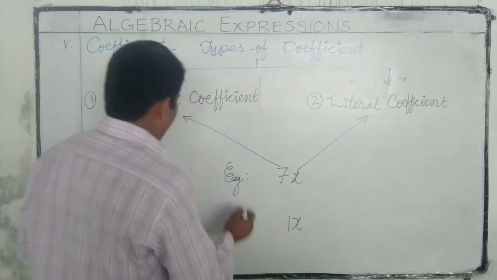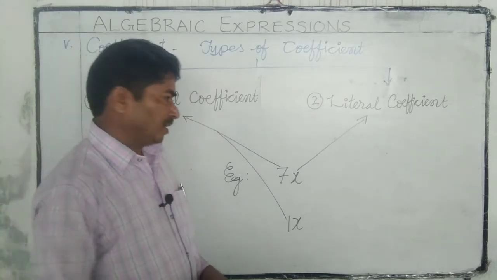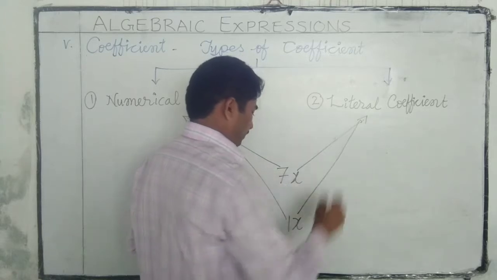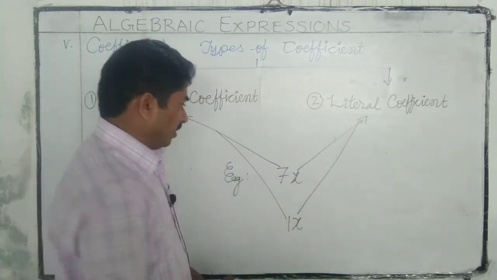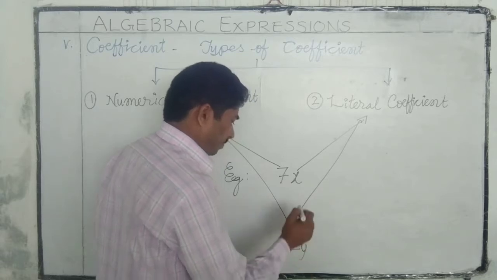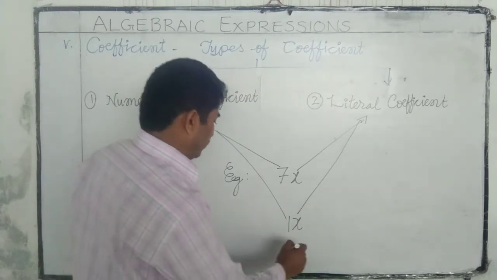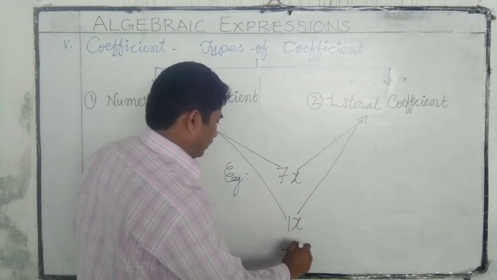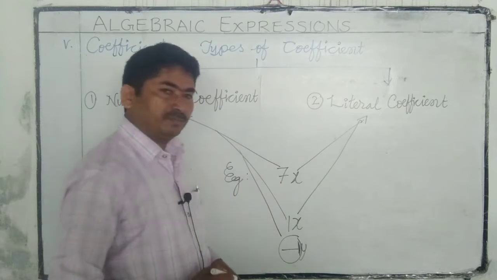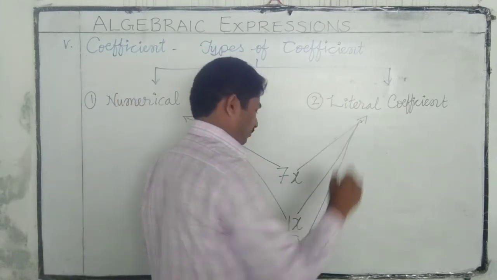So 1 is the numerical coefficient. x is the literal coefficient. If there is minus y, what is the numerical coefficient? Minus 1 is the numerical coefficient. y is the literal coefficient.